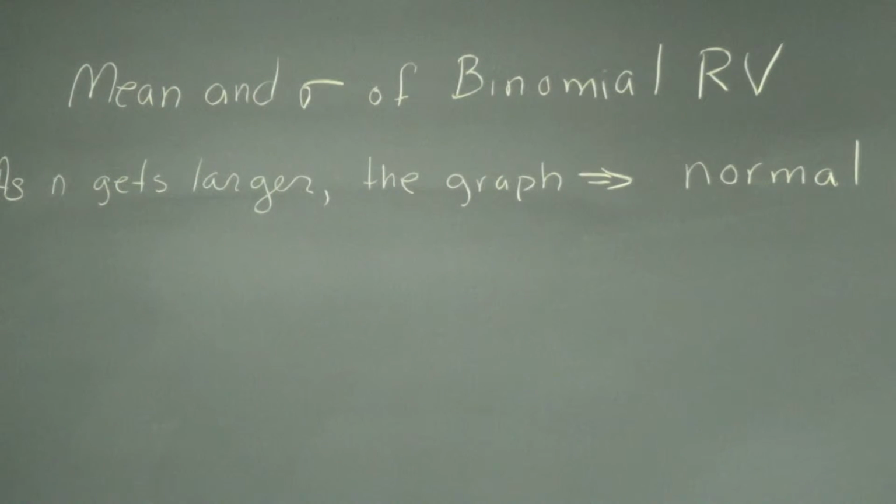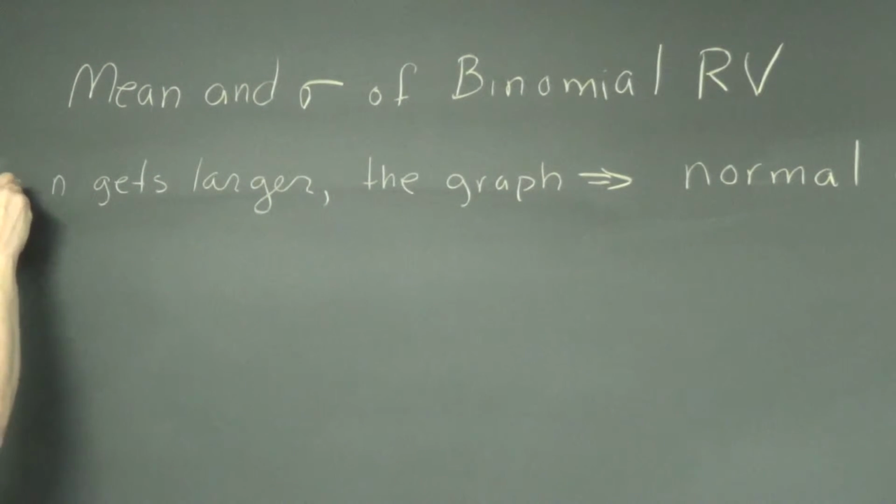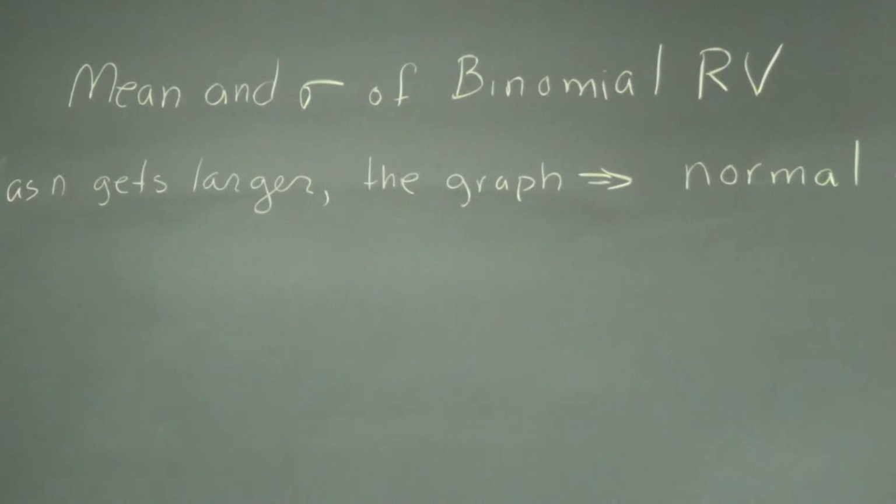That's right. So, for a binomial, as n gets larger, the graph approaches the normal curve. So make sure you make a note, and you can observe that on the paper itself.